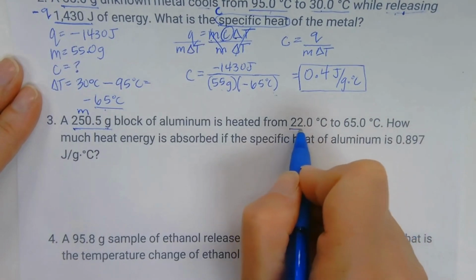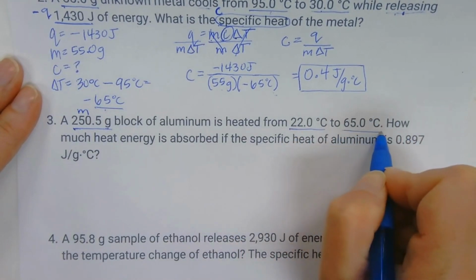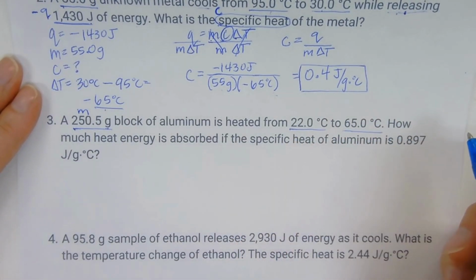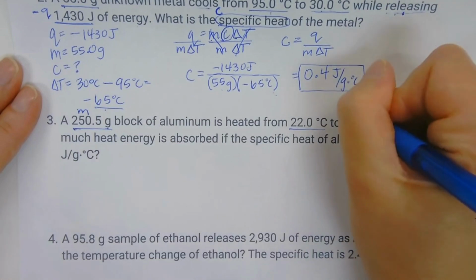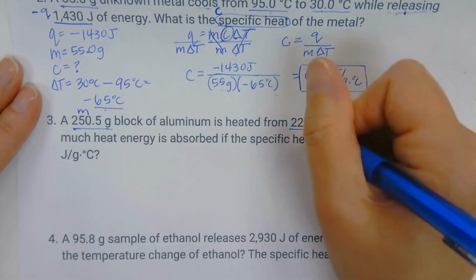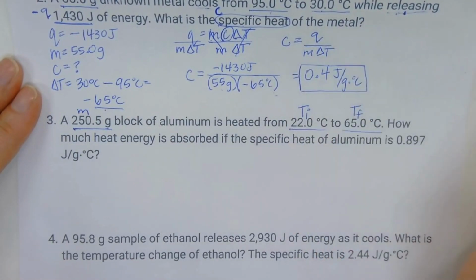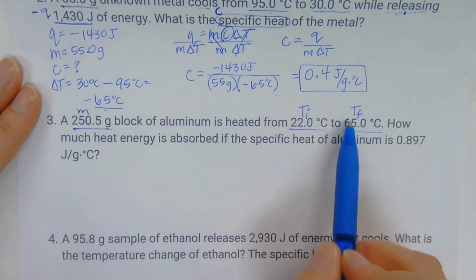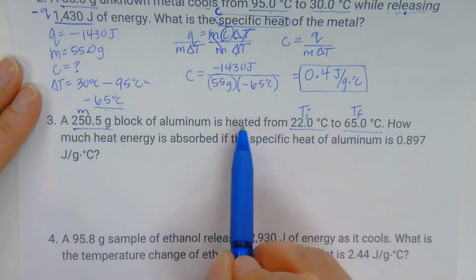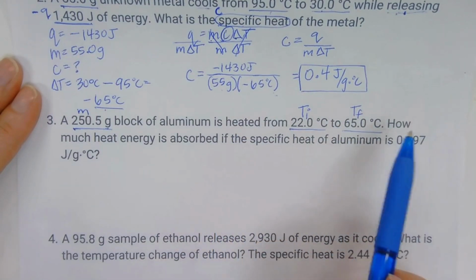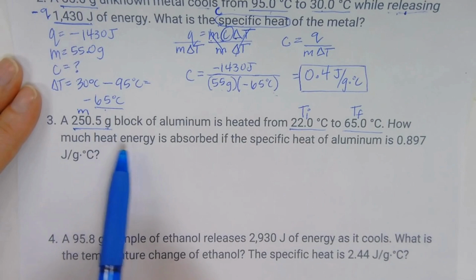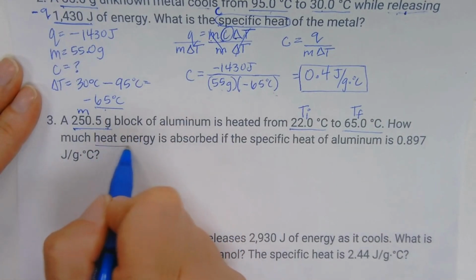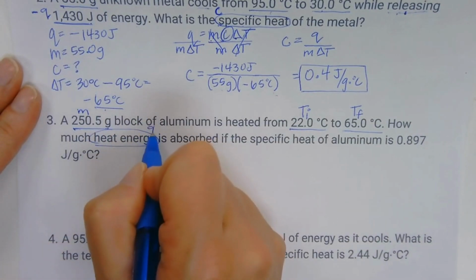Okay, so I'm going to underline the 22 and underline the 65, and I know I'm going to use this for delta T. So the 65 is the final because that's where I'm ending, and the 22 is the initial. And that also makes sense that our final is higher, because we're heating it up. So how much heat energy? Okay, so heat energy, we're looking for then Q.